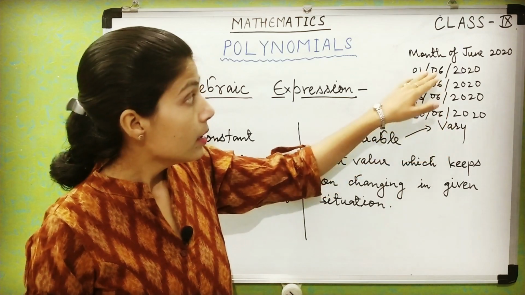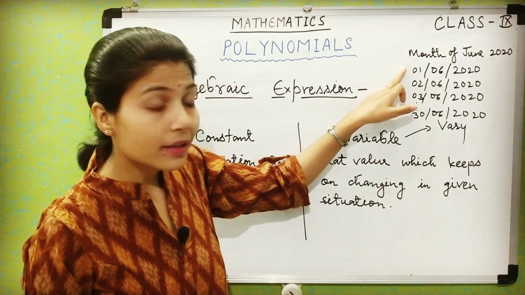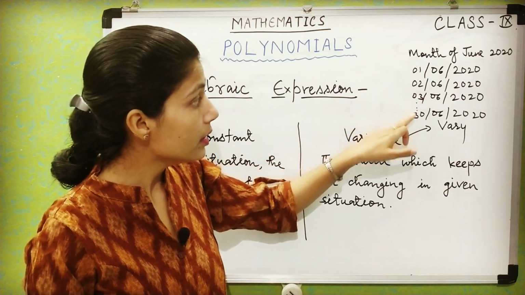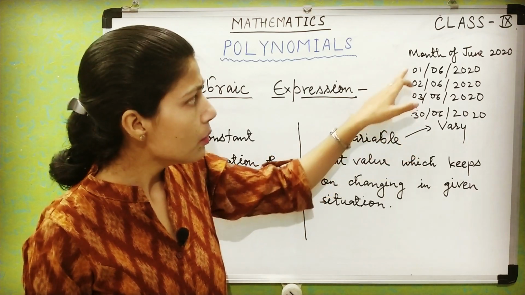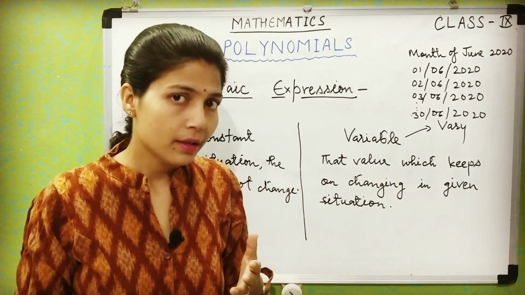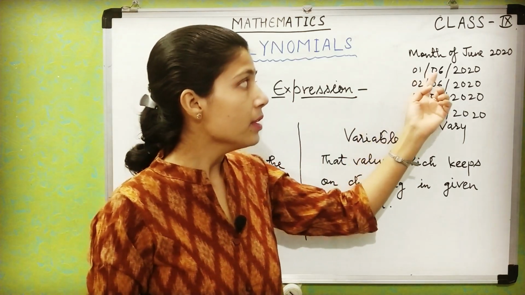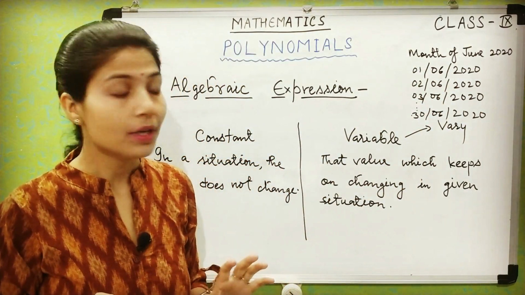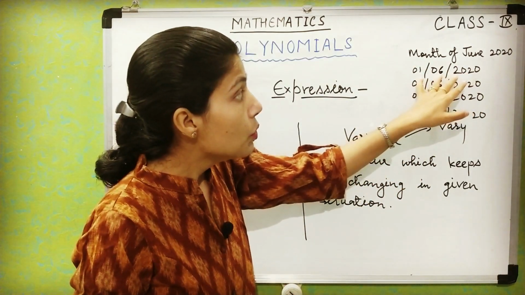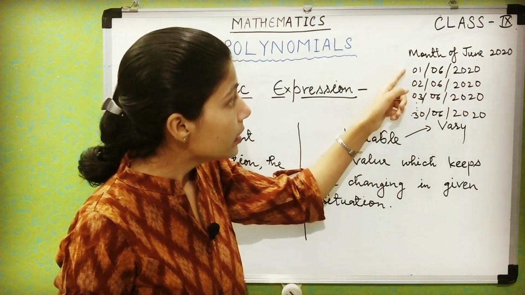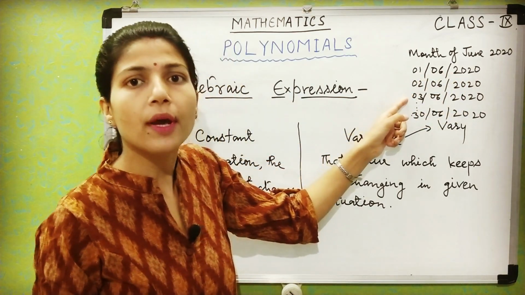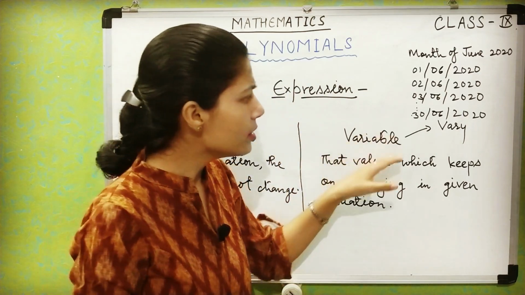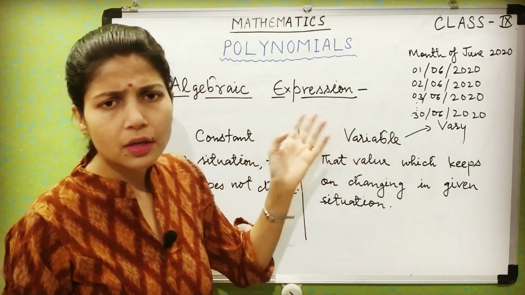But what is changing here? The number of the day, first day, second day, third day till 30th. Only the day is changing here. The month and the year are not changing. So these two will be our constants and what is changing will be our variable.